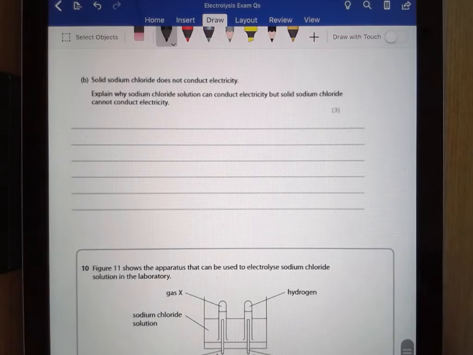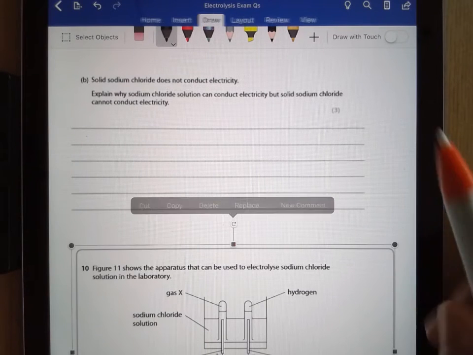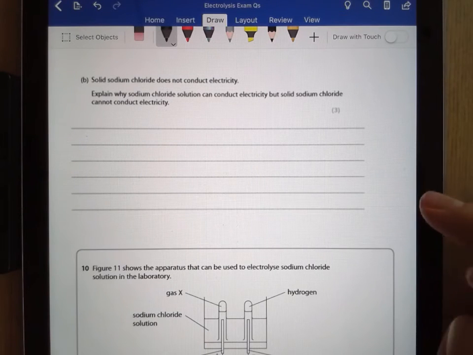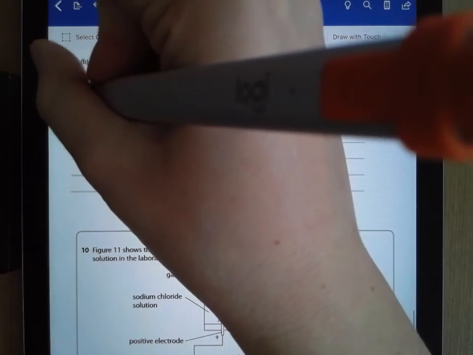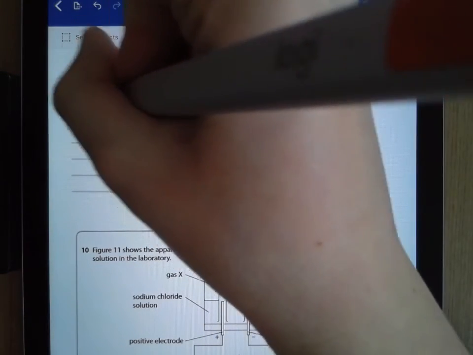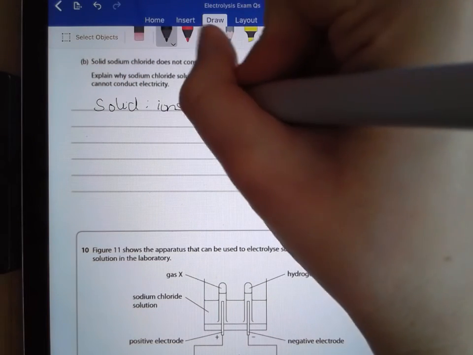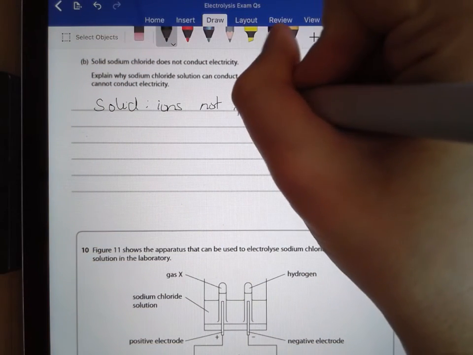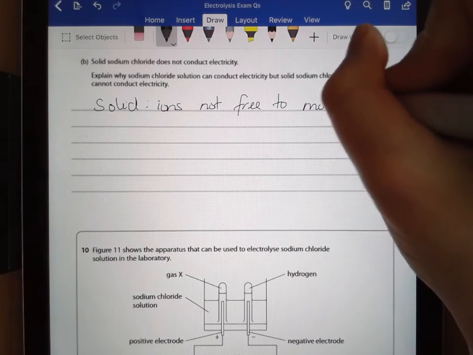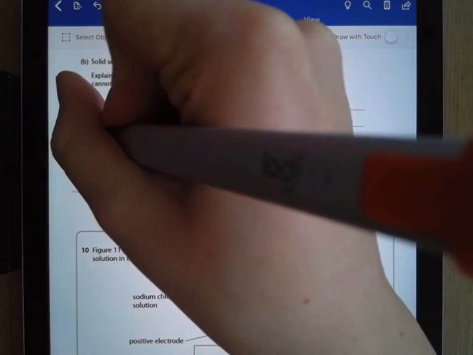Solid sodium chloride does not conduct electricity, why? We've seen this lots and lots of times, so I'm really hoping you all got this right. When it's a solid, the ions are not free to move. You have to use the word ions.